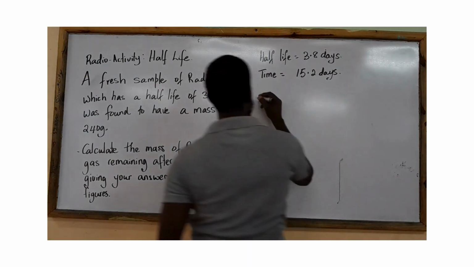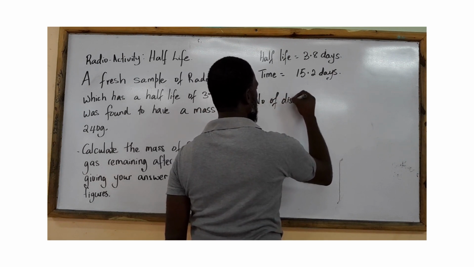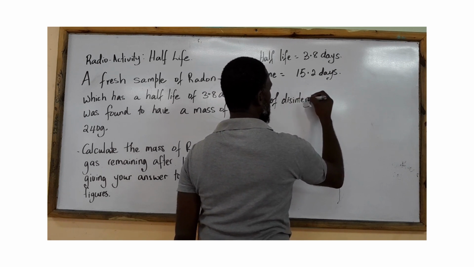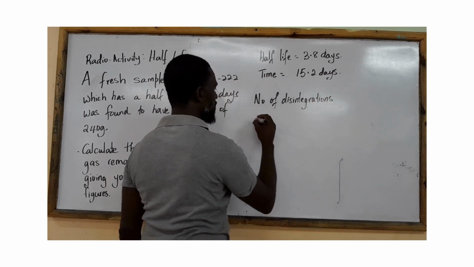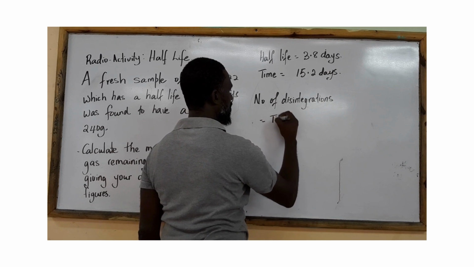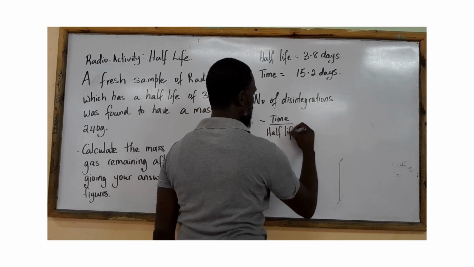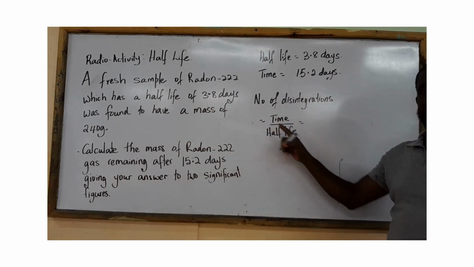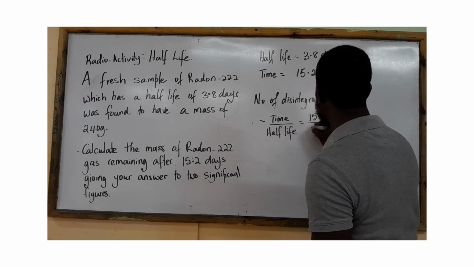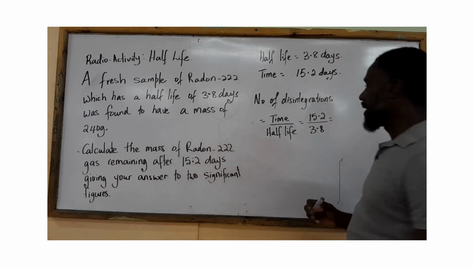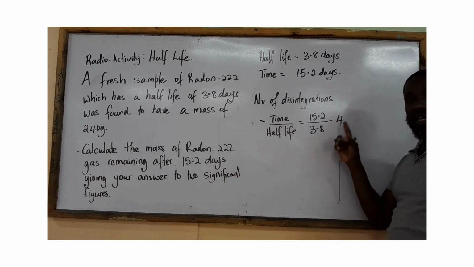So it's the time divided by the half-life. We have 15.2 divided by 3.8, and when we calculate that, we get 4. So what that means is there were 4 disintegrations during that time.